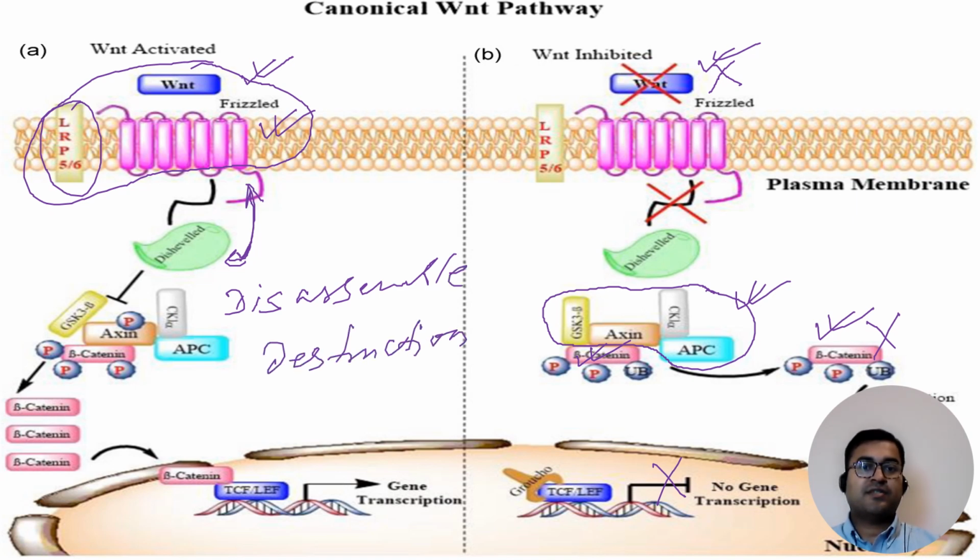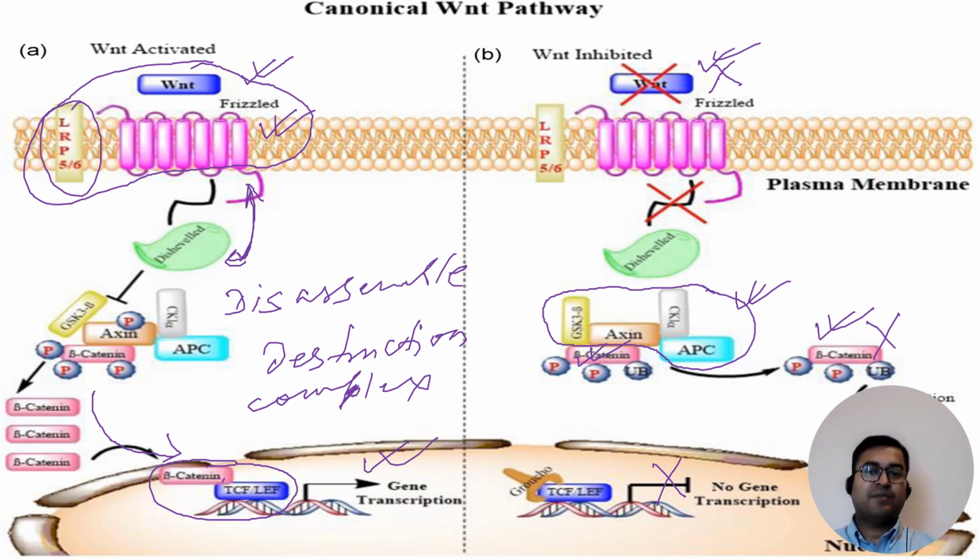Now if this destruction complex is disassembled, in that case beta-catenin is free to go into the nucleus, and beta-catenin along with TCF LEF is going to activate the target gene.